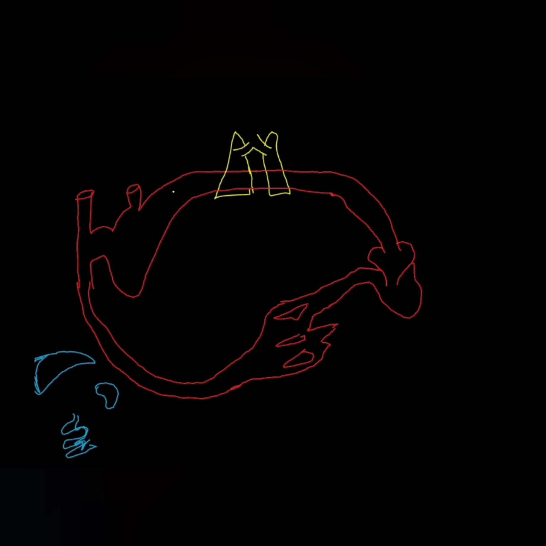So when the pressure increases in your pulmonary artery, it is going to increase in your right ventricle, which is again going to affect your right atrium, which is again going to affect your superior vena cava and inferior vena cava. Whenever it is reflected in the superior vena cava, it is reflected in your JVP as an increase in the JVP.